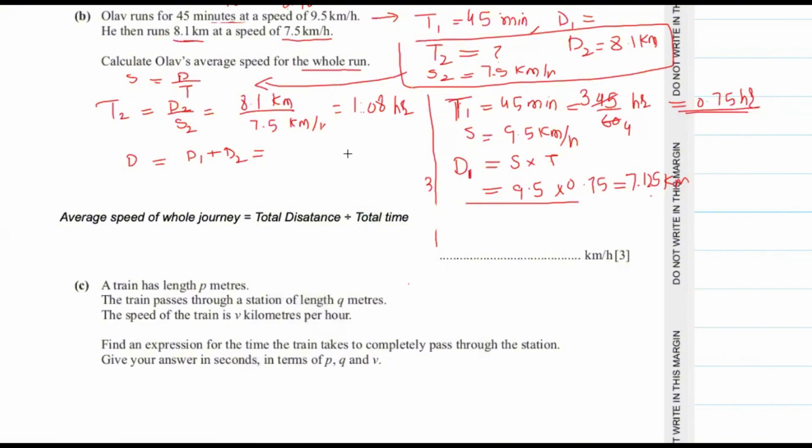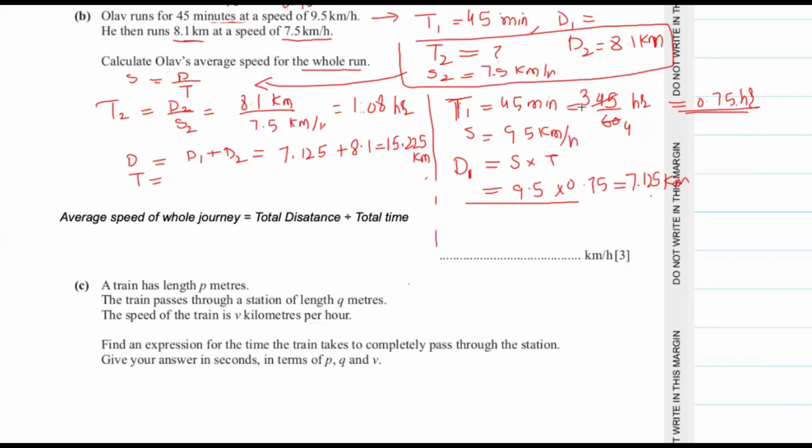D1 here is 7.125 plus here the distance D2 is 8.1 kilometer, and this value will be equal to 15.225 kilometer, and the total time will be equal to T1.